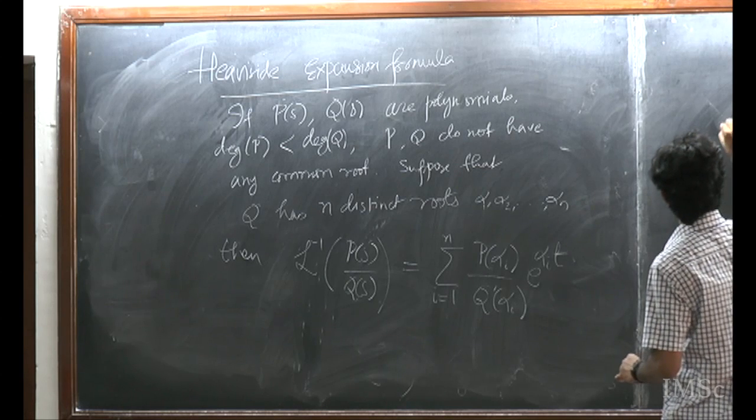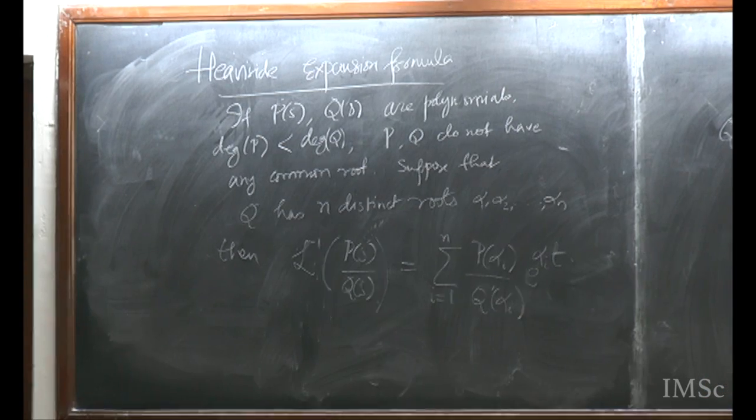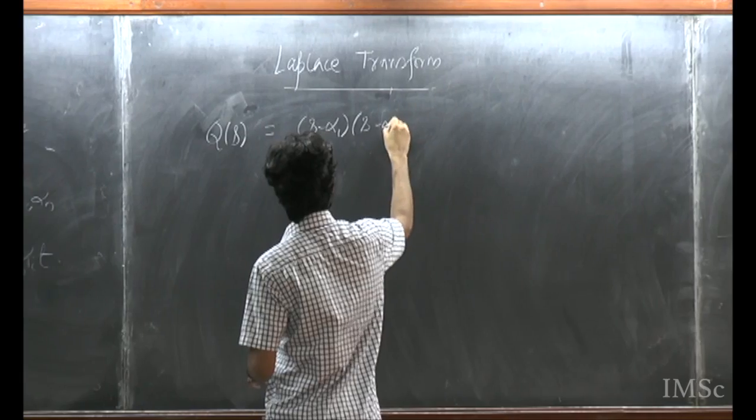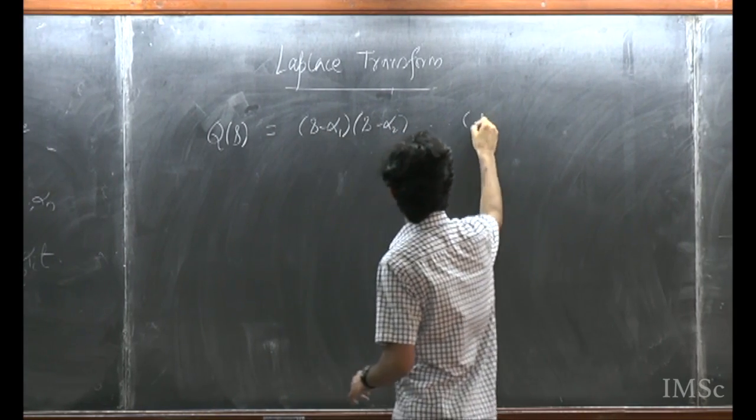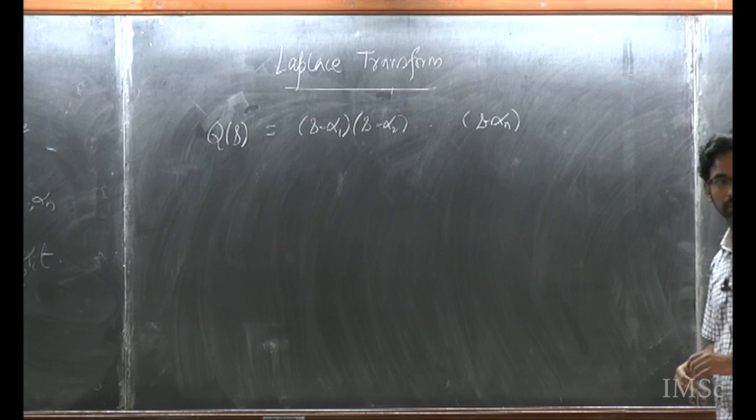Since Q(s) has n distinct roots, we can write Q(s) as the product of (s minus alpha 1), (s minus alpha 2), up to (s minus alpha n).